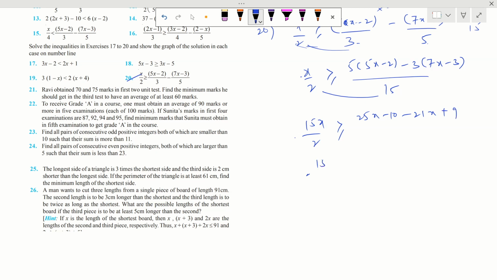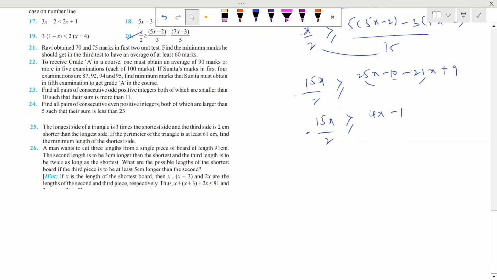Okay, if we solve further, 15x divided by 2 greater than or equal to 25x minus 20x, so 4x remains, and here minus 10 plus 9, minus 1 remains, right? If we take this to this side, then 15x greater than or equal to 2 into 4x minus 1, so 15x greater than or equal to 8x minus 2.